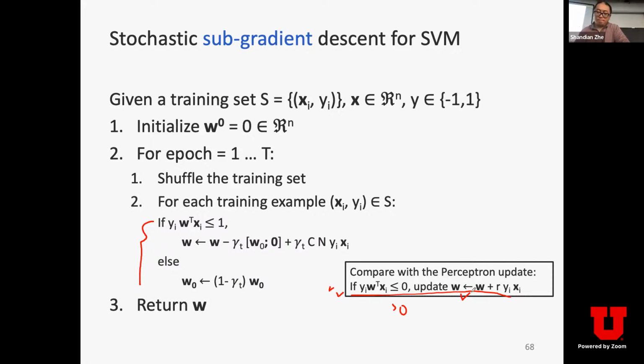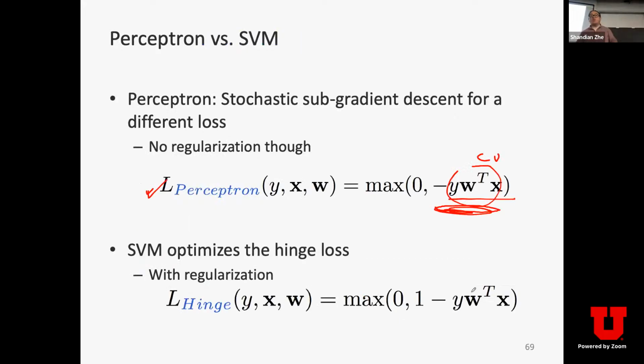So now we can give an even more unified and generalized view of perceptron learning, right? The perceptron essentially is performing stochastic subgradient descent over another objective function. And the difference from the SVM is that SVM has this hinge loss, which is max between 0 and 1 minus function margin. And the perceptron has a different loss, which is max between 0 and minus function margin.